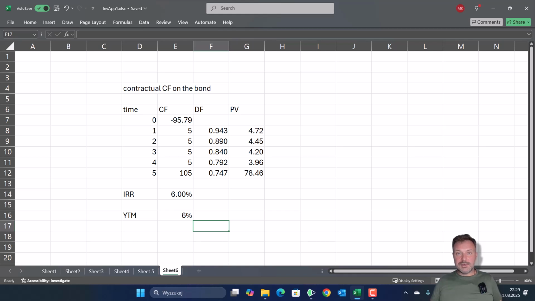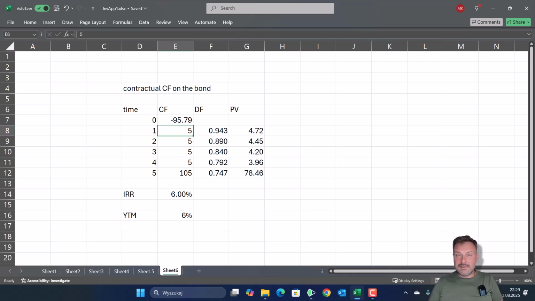For example, because the central bank has just increased interest rates and now investors want more return on all the investments. What cannot change in such a situation are the cash flows, because the cash flows are fixed. A typical bond is a fixed income instrument, a fixed coupon instrument.